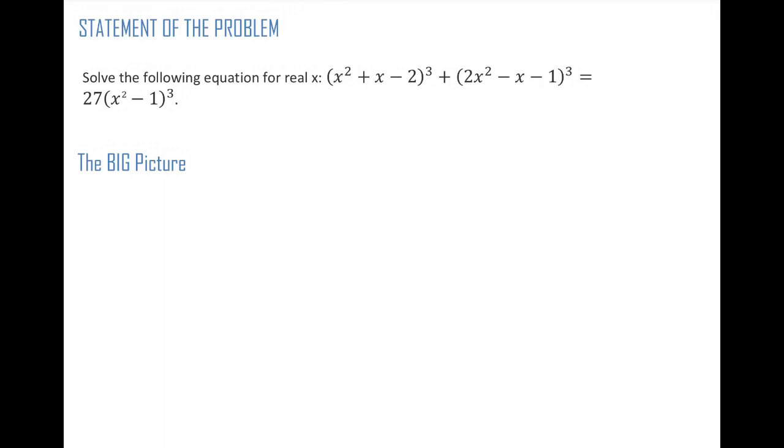So, here we have sum of two cubes, which is equal to another cube, and we want to find out solutions to this equation where x is a real number.